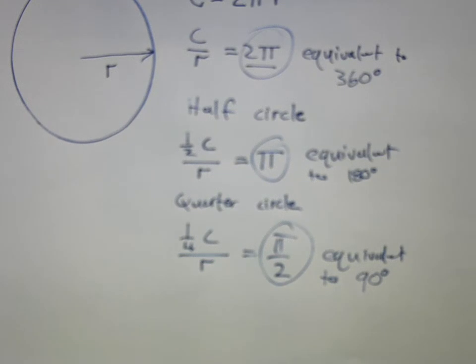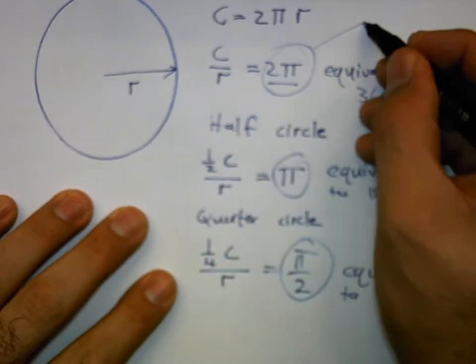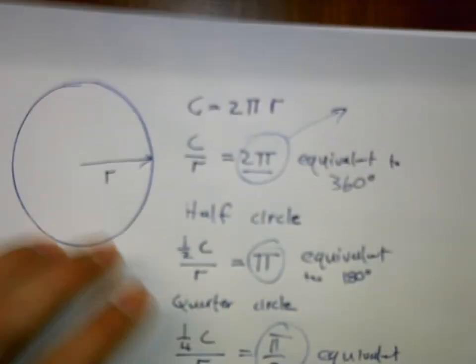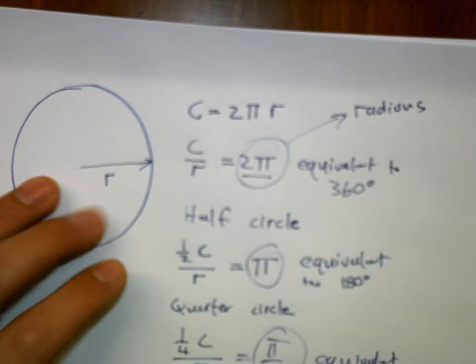So a quarter of a circle, that angle that subtends the quarter of a circle is 90 degrees. Or we can say the ratio of that arc divided by the radius must give me pi over 2. So we can actually convert between this and that. We will call these things radians. So it's just another way to denote an angle.